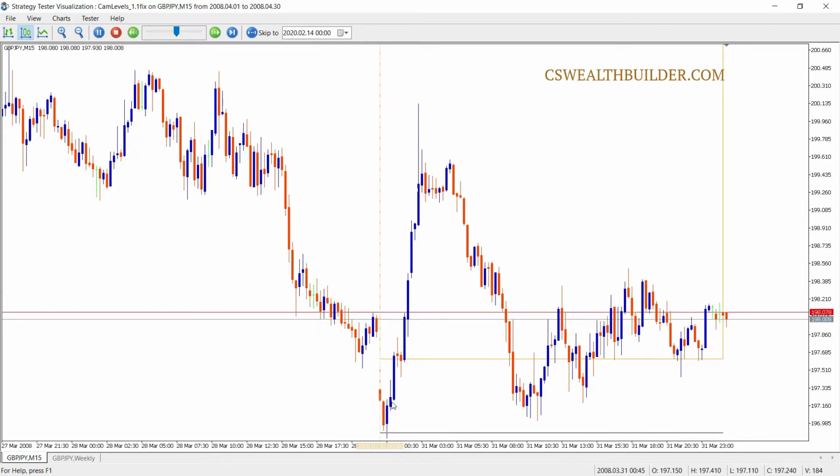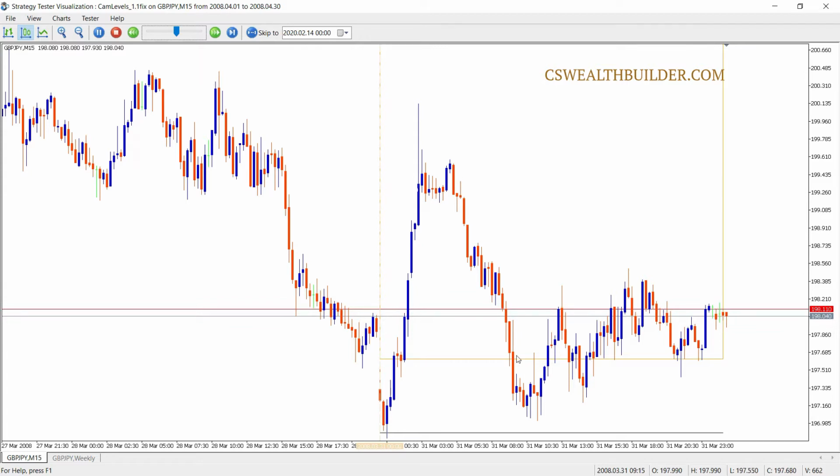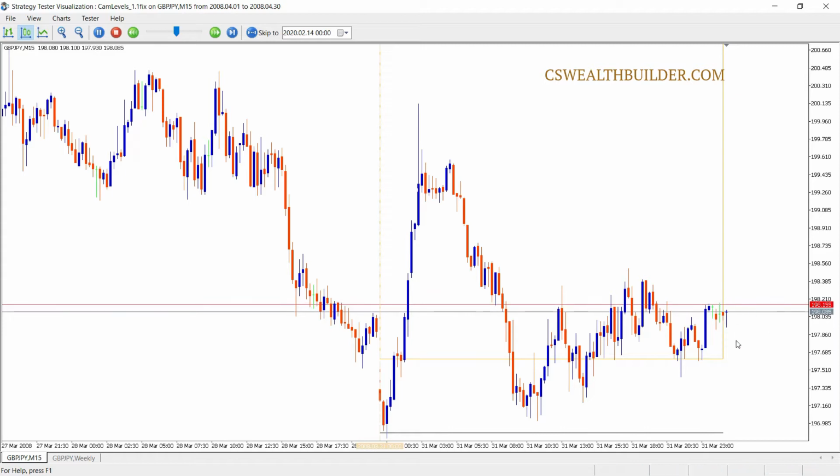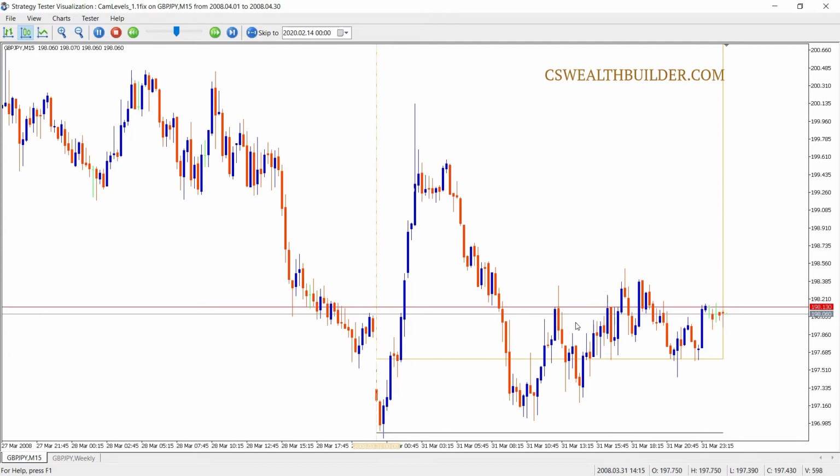You have blue candles, we call that candles, when the price is going up, and you have red candles when the price is going down. All right, and as you can see here, the price is changing all the time. It's a constant struggle between buyers and sellers and everything.